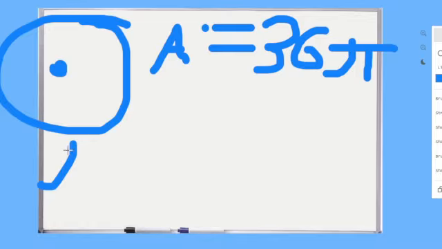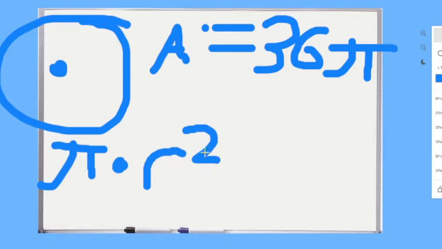Formula is pi times r to the power of 2, which is basically pi times r times r, okay?